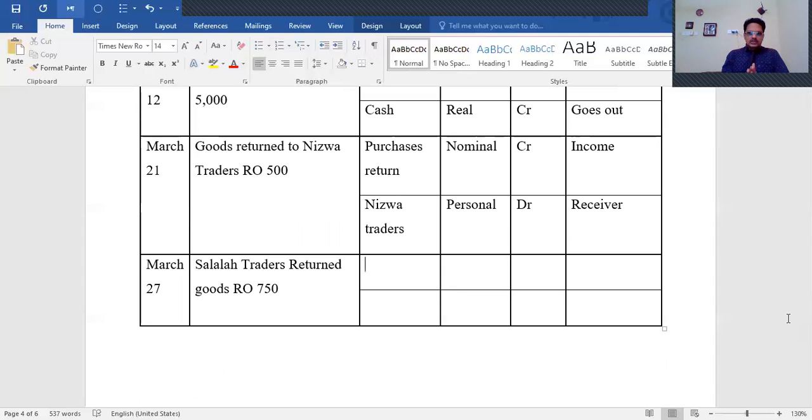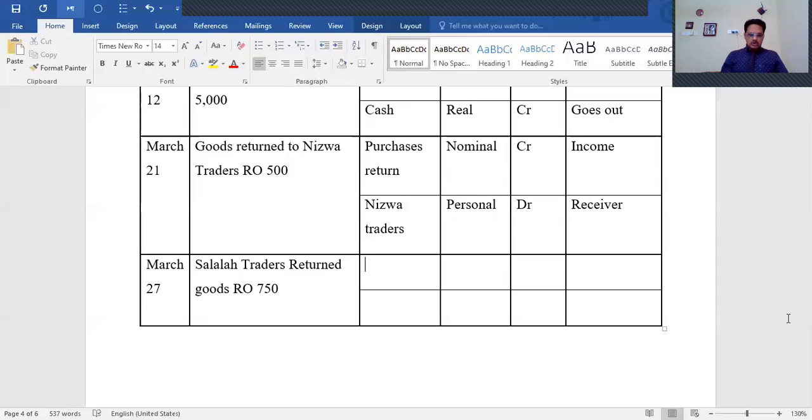When Salala Traders return, it means you sold goods to them and they return them. It is a sales return, or return inward. Purchase return is called return outward, and this is return inward.